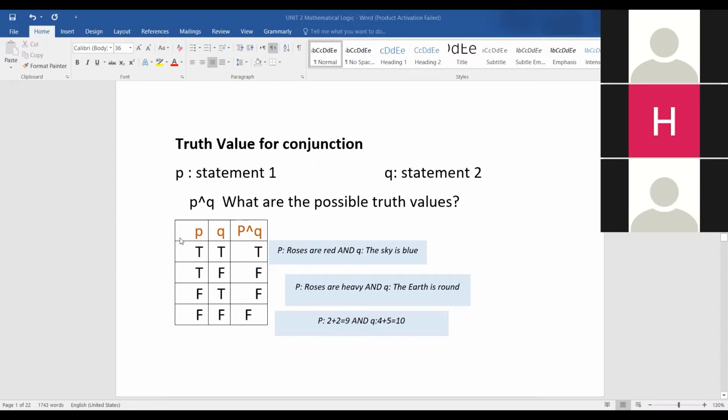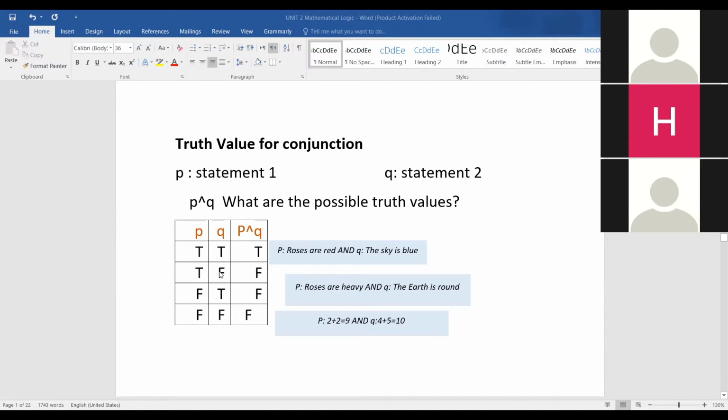So we start with the truth value for conjunction. That is when we join two statements using the connective and. It's called conjunction. We have P as statement 1 and Q as statement 2. We want to know the possible truth values for P and Q. First, both of them could be true.